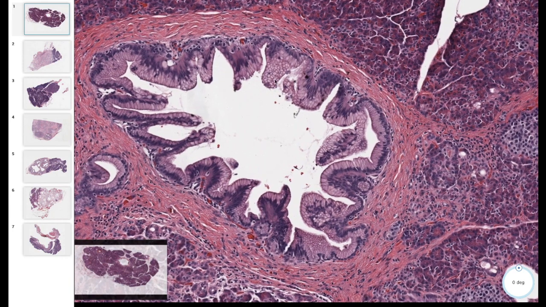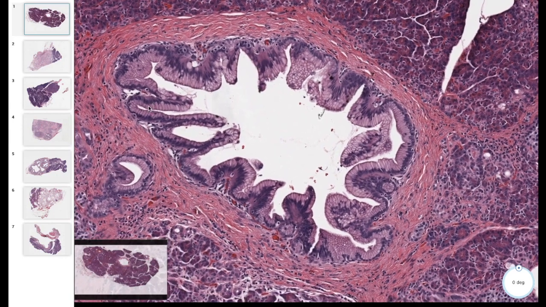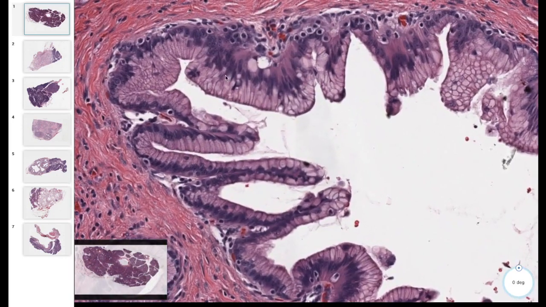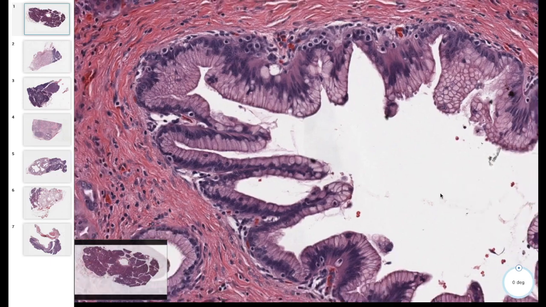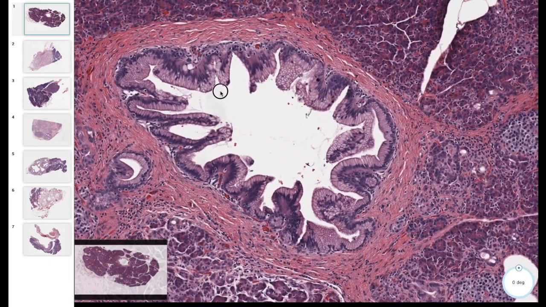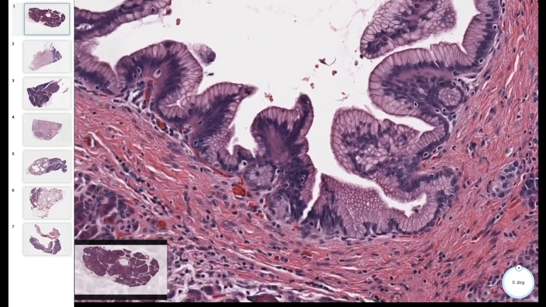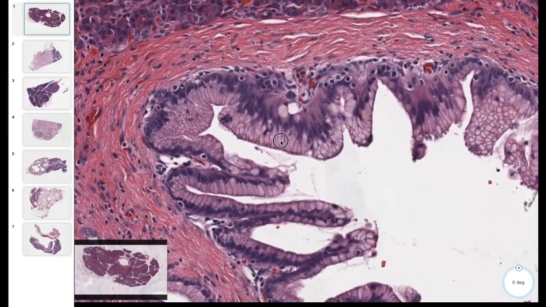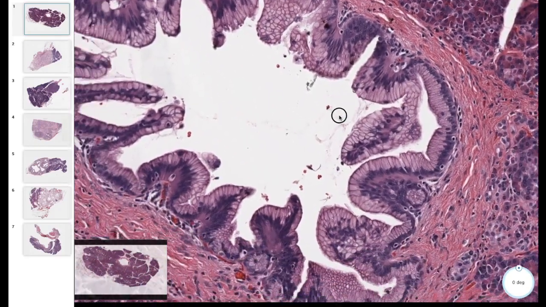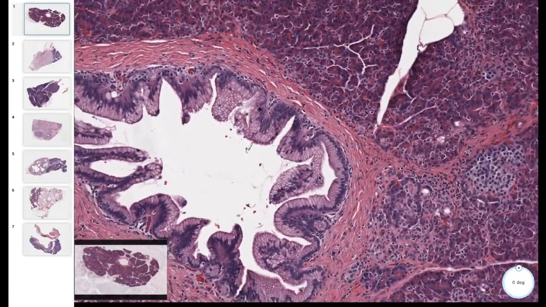And here what we're seeing is relatively low-grade dysplasia because the nuclei are all on the basal surface. There's mucin at the apical surface of the duct. So we're going to take a quick look over here and make sure that we're not missing any dysplastic epithelium and any type of carcinomas. But over here, this is probably some sort of low-grade dysplasia that we're seeing.